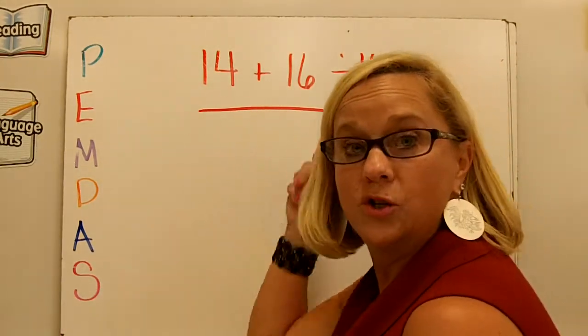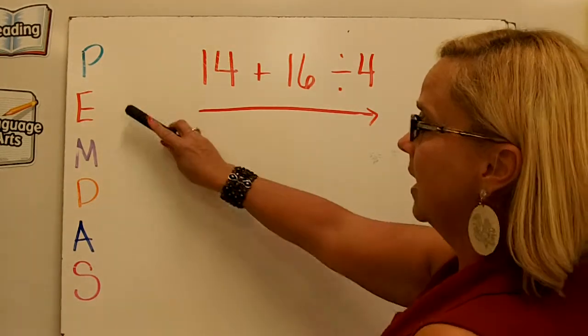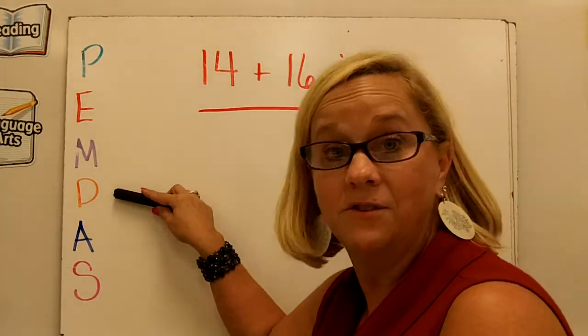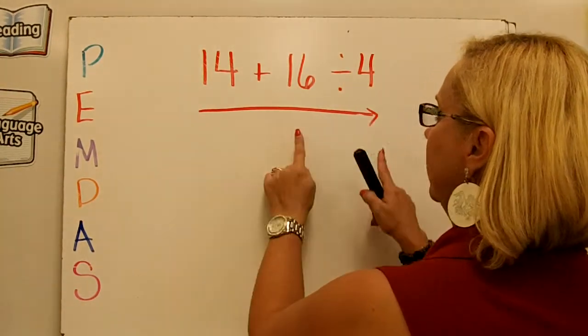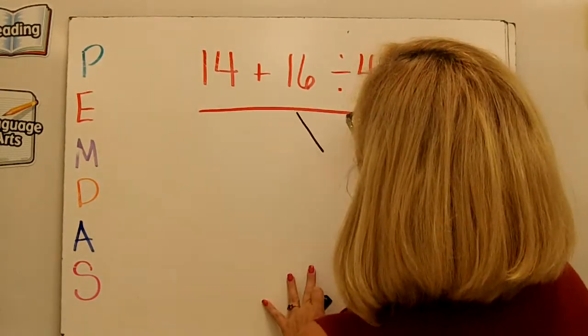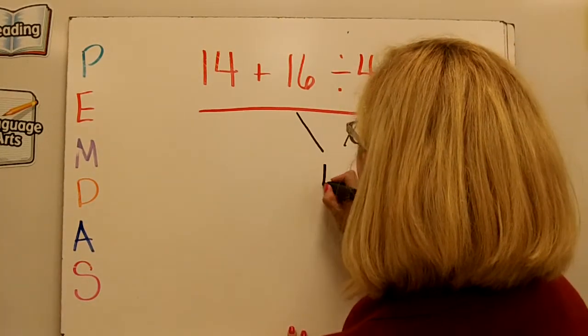So now I'm going to work it again, starting with my order of operations. I don't have parentheses, I don't have exponents, I don't have multiplication, but I do have division. So let's start on the left and let's work over until we get to division, and that's my next step. So now I have 16 divided by 4, and that answer is 4.